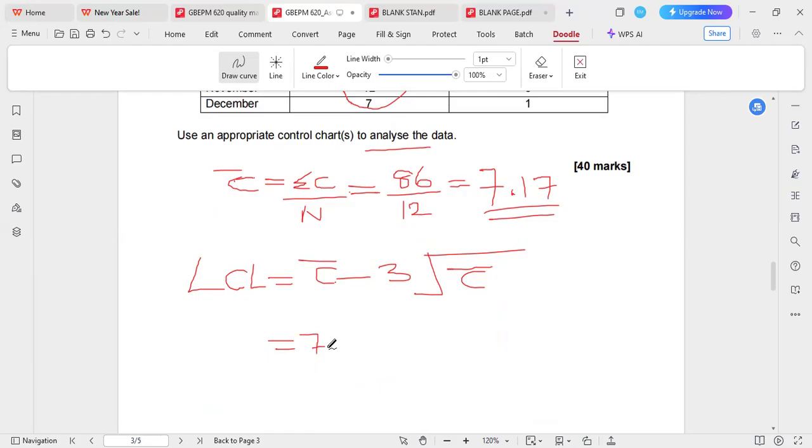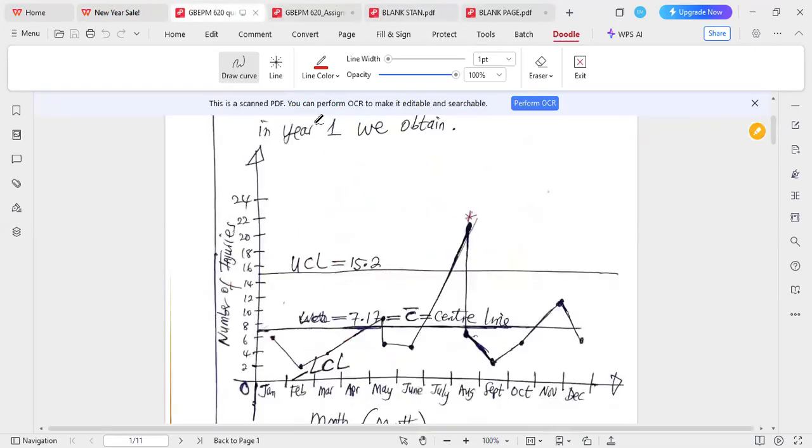So C bar is 7.17 minus 3 times the square root of 7.17, which will be equal to, after getting the square root of 7.17 and multiplying by 3, the value that we need to calculate.